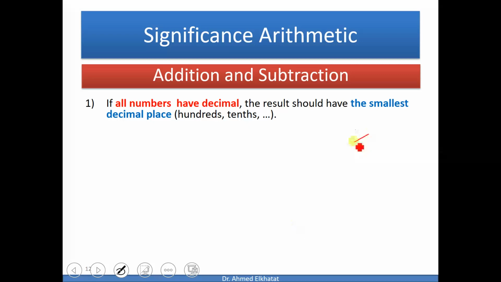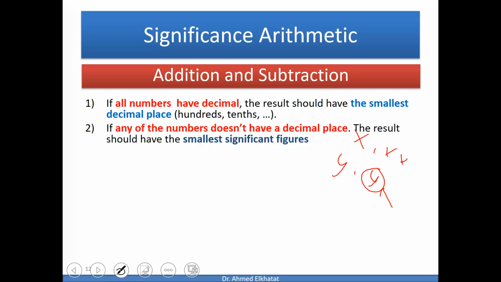For example, you have x point xx and y point y. So which one has fewer decimals? Y. So my result should have only one decimal. This is when all numbers have decimals. Okay, because the general rule is the result should be as uncertain as the least accurate number.